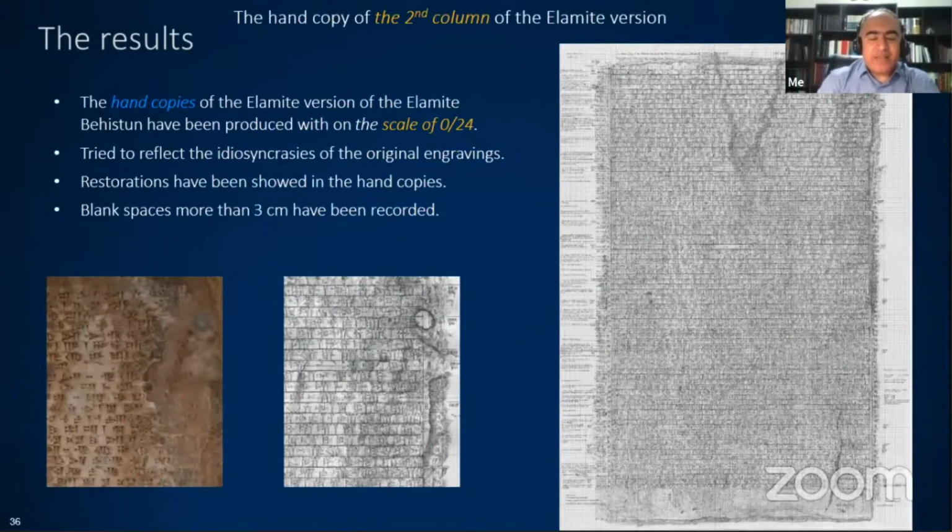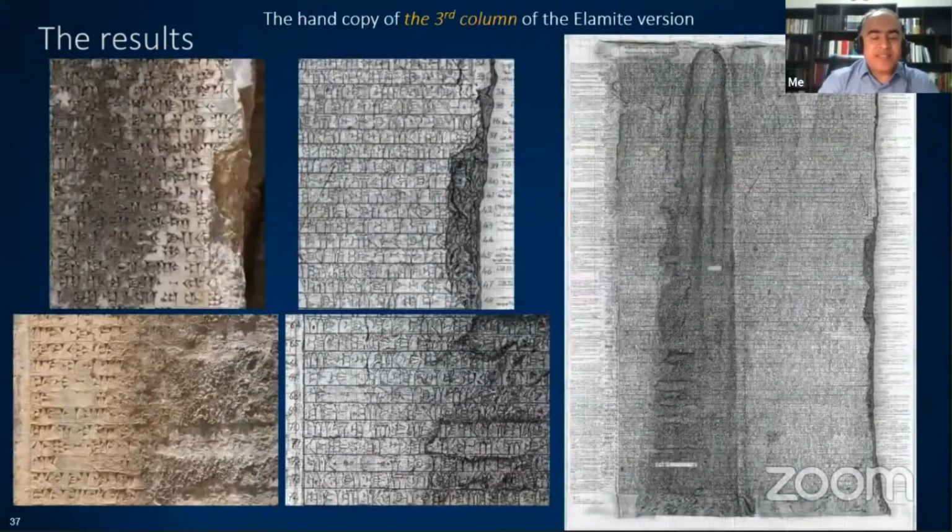As the Elamite version contains a variety of terms, phrases, clauses, and sentences, these copies would be a reference for studying Achaemenid Elamite grammar.